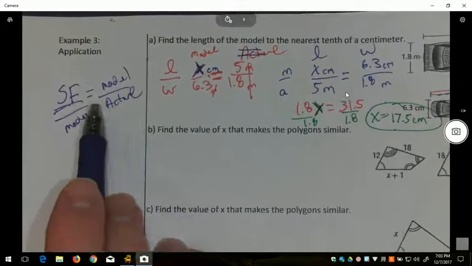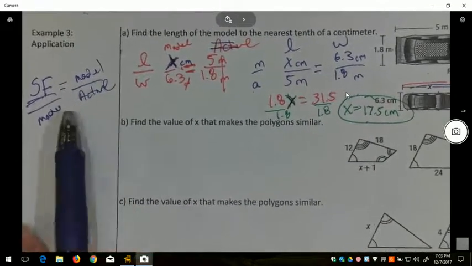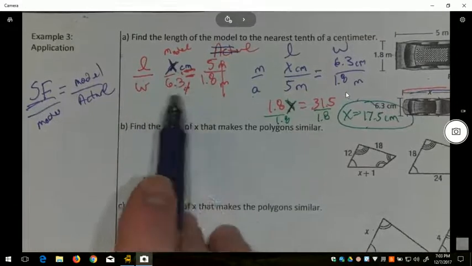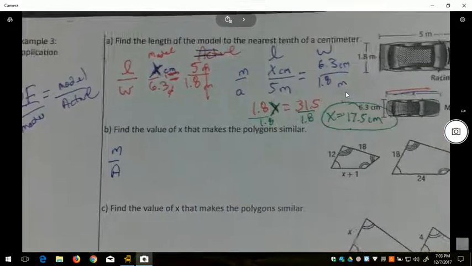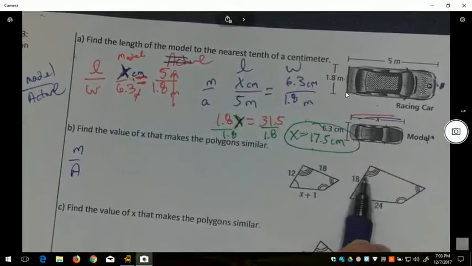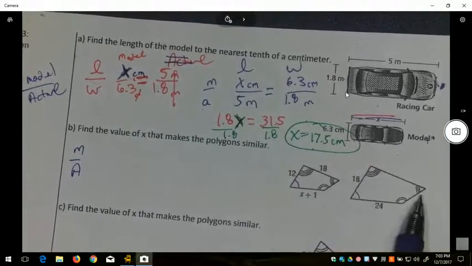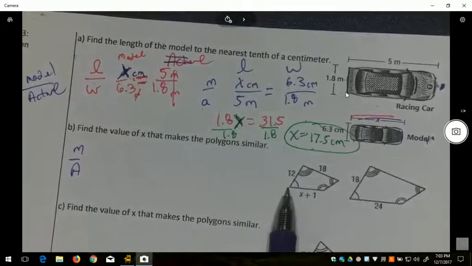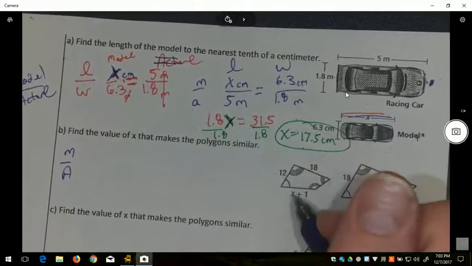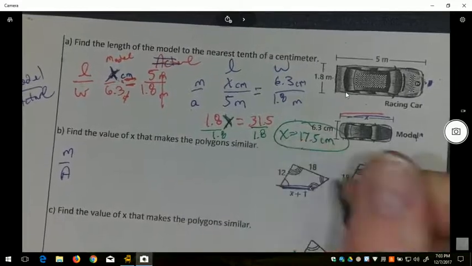For letter B, I'm again going to use scale factor, model to actual, so I'm not going to do this method. I'm going to do model to actual. And I'm looking right now, I've got quadruple angle mark, those are congruent, triple angle mark, those are congruent, double angle mark, single angle congruency mark. I am solving for the value of x. This is the one that has the expression.